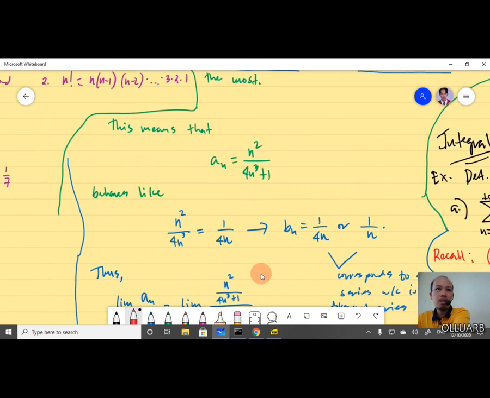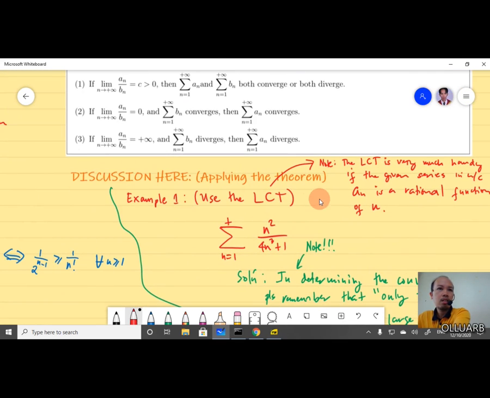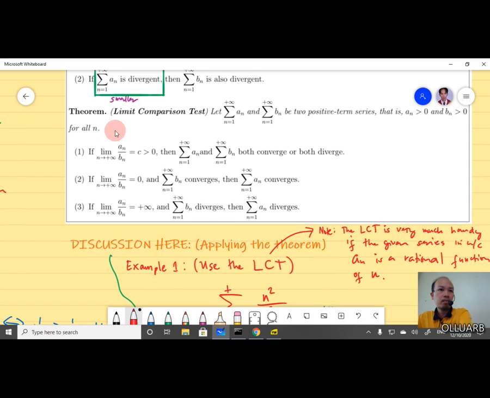If the limit of the quotient a sub n over b sub n is a positive constant, and the series that you compare is convergent, then the original series is convergent.